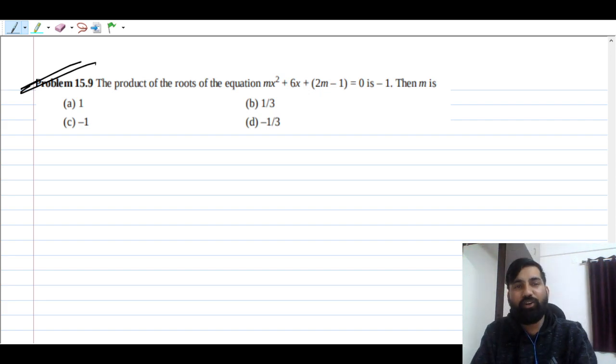Like this question: the product of the roots of the equation mx square plus bx, 6x is -1.